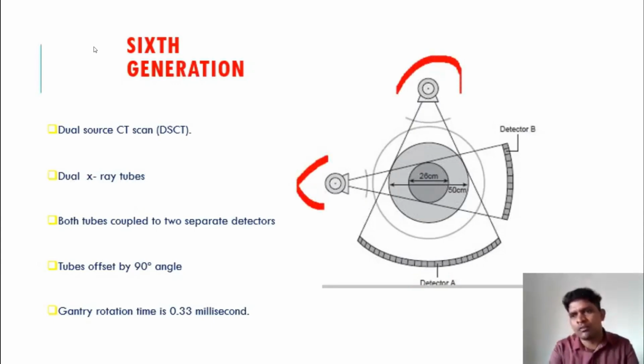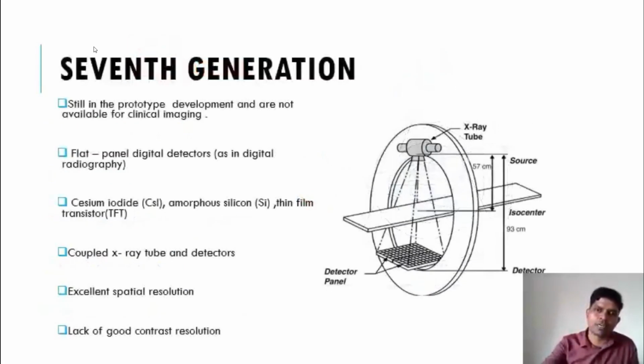They rotate simultaneously around the patient, kept at an angle of 90 degrees to each other. So this had one of the shortest gantry rotation times, because with both tubes there, we are able to rotate within 0.33 milliseconds.